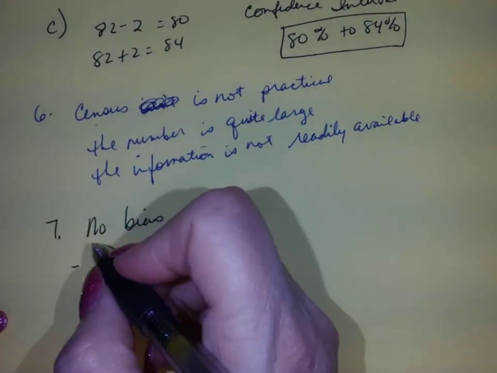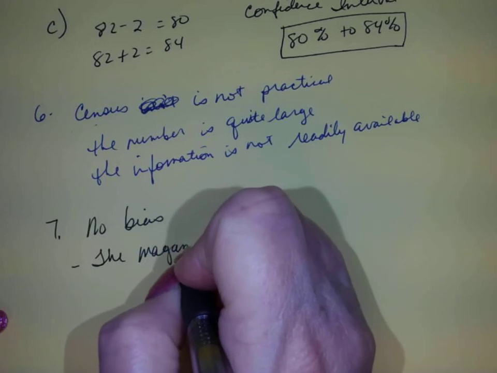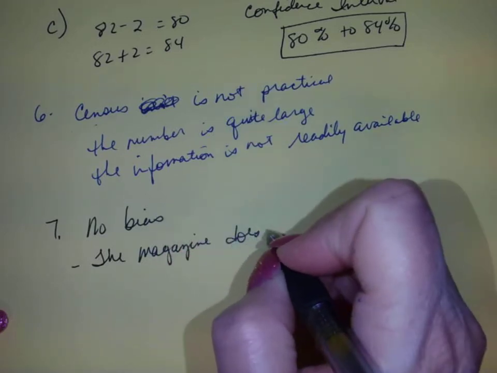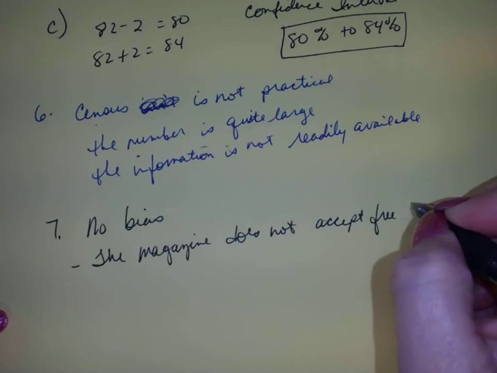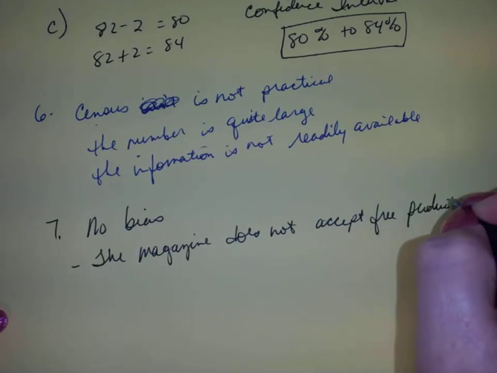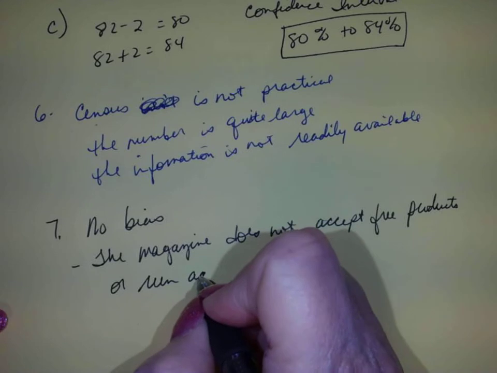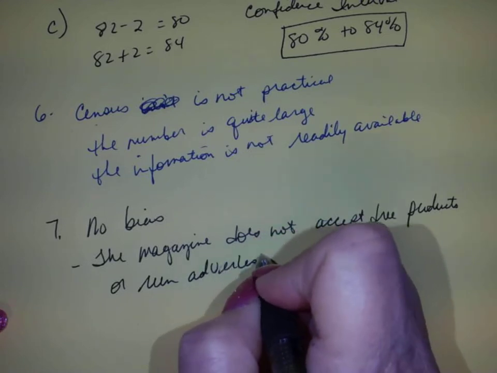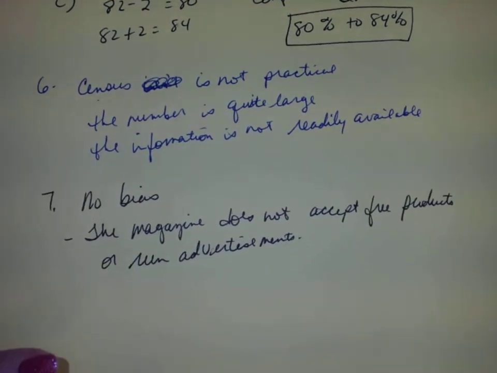Our reason would be the magazine does not accept free products or run advertisements. So that means it's not being influenced, okay? It's not being influenced by the makers of the cars. So that's why they're not being biased.